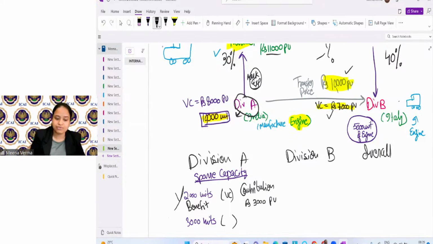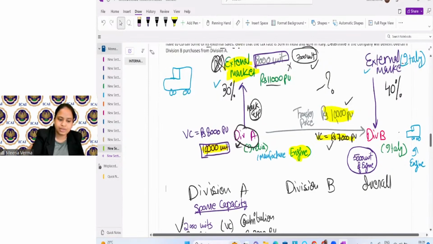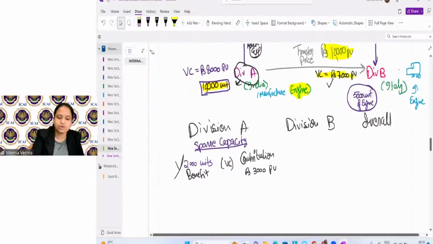So they have a benefit, right? Division A has a benefit on these 2,000 units. How much benefit, or incremental benefit, can I say?